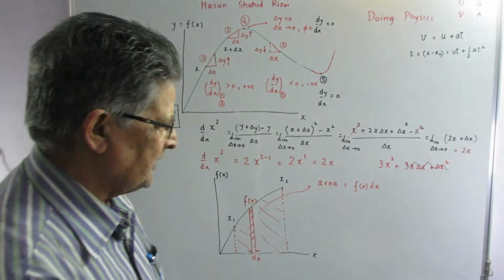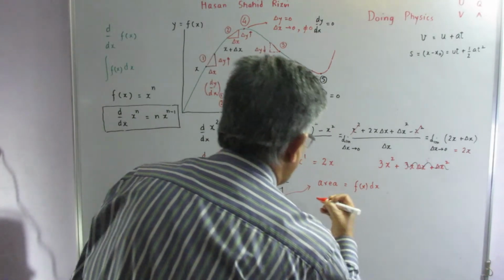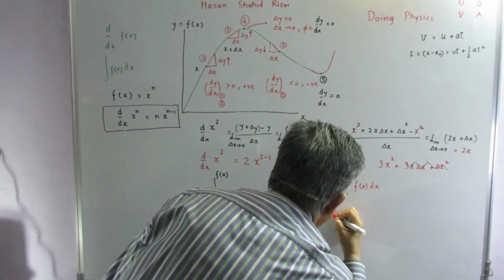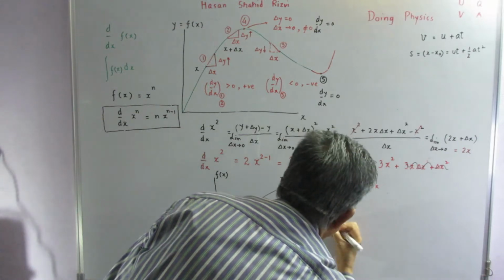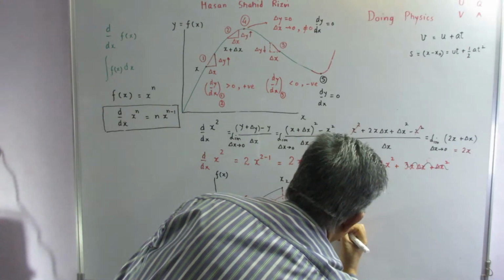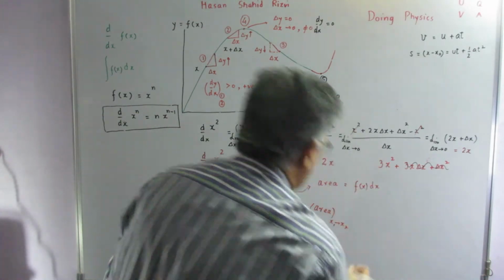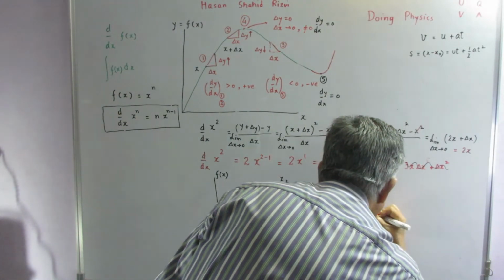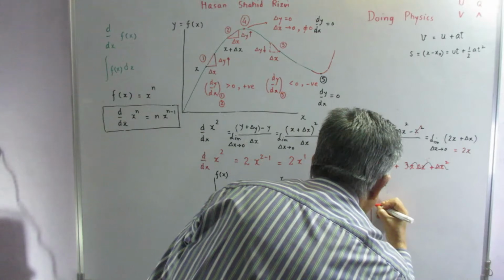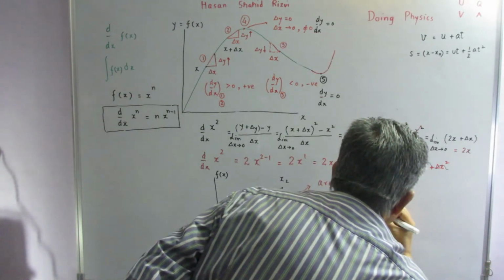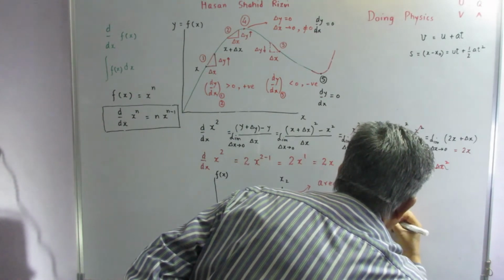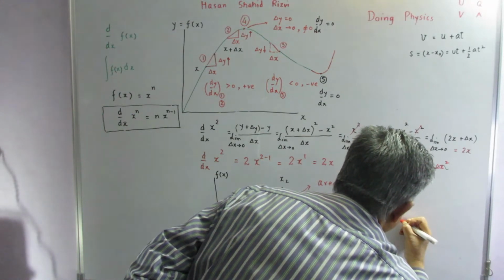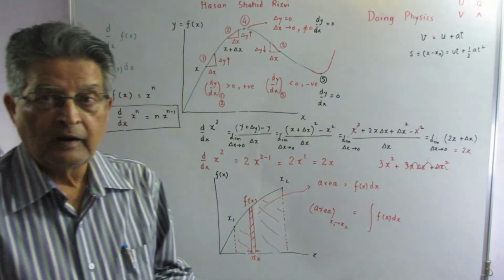So I will write that the total area within the limits x1 to x2 is equal to the integral of f(x) dx. Now what have I done?